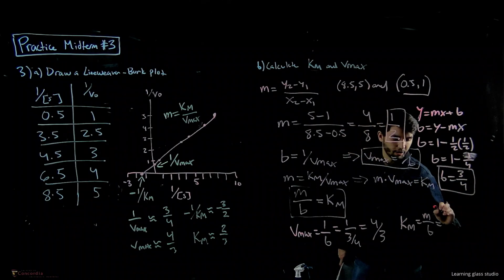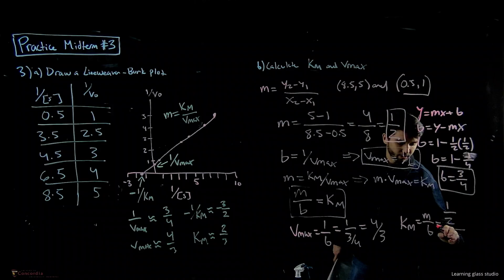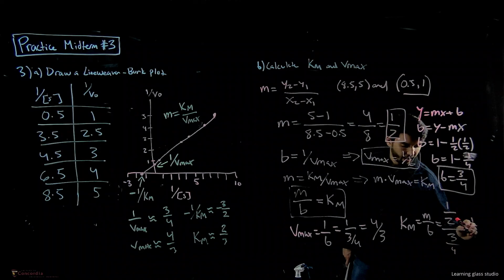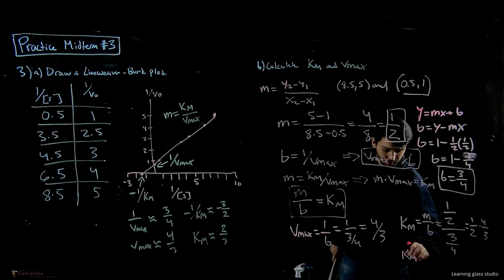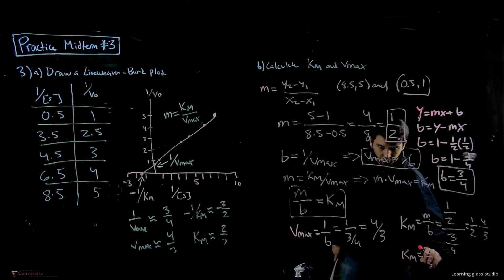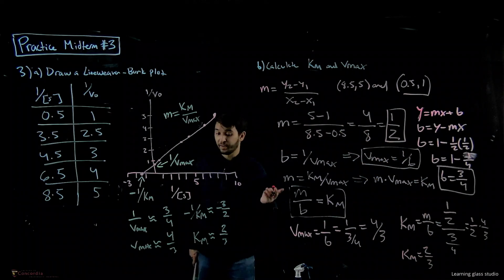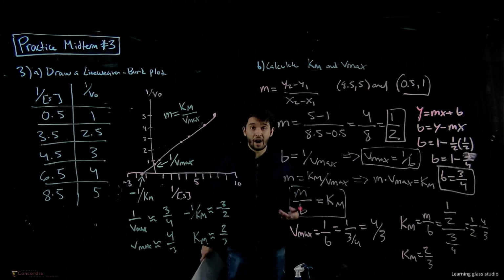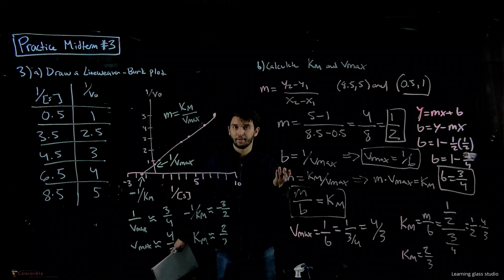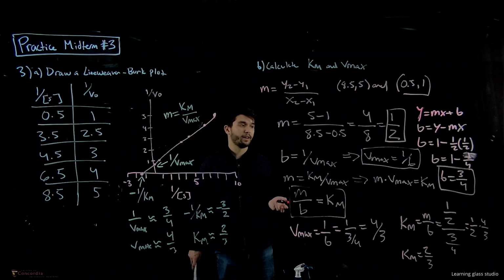So 1/2 divided by 3 over 4, which is equal to 1/2 times 4 over 3, of which we get that Km is equal to 2/3. So I know we were able to find the exact same answers from just the graph, and that's a perfectly valid way to do it in Excel. However, on an exam, you would want to calculate it this way.